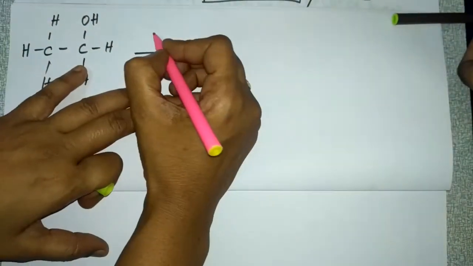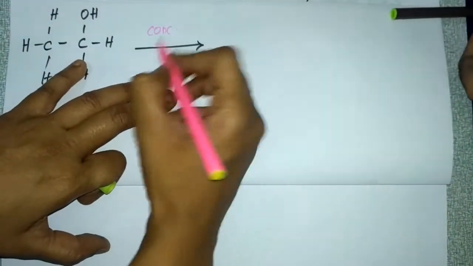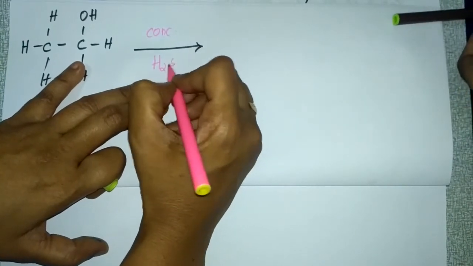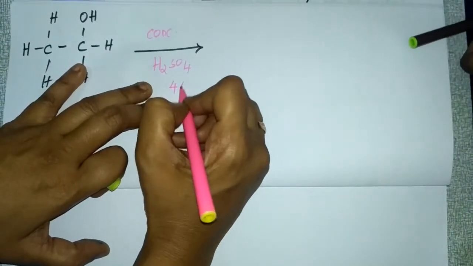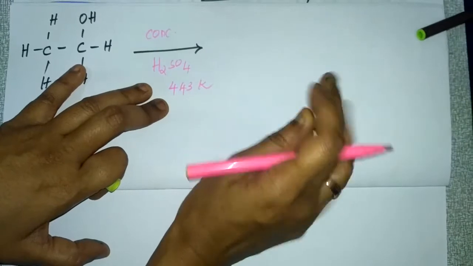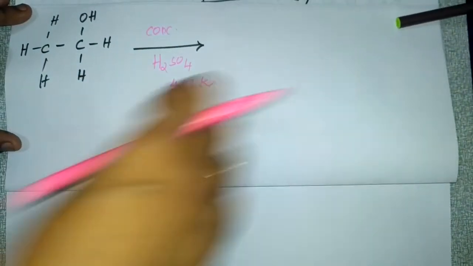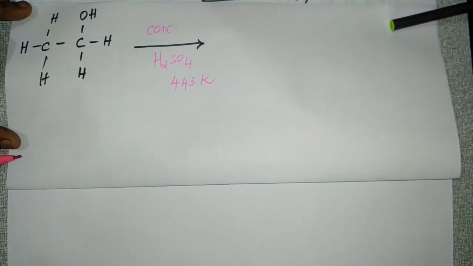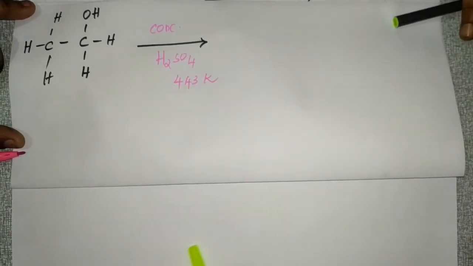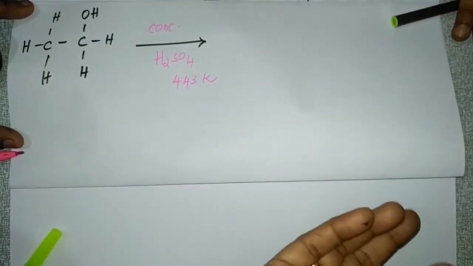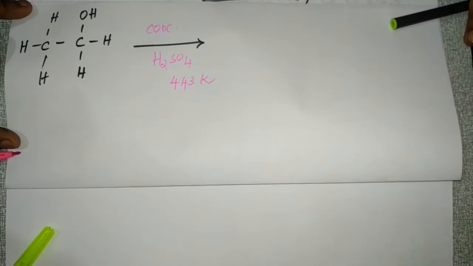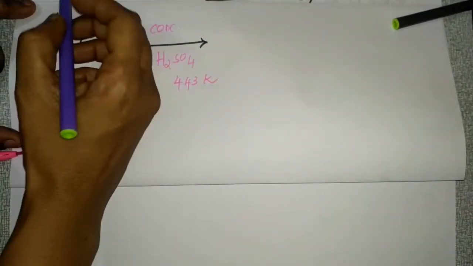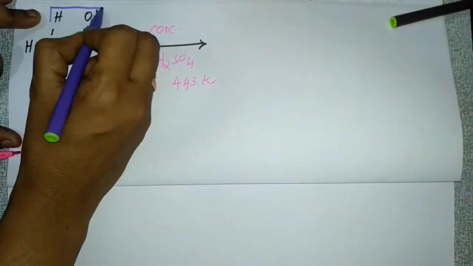To this ethanol we are going to add concentrated sulfuric acid, and the temperature should be 443 Kelvin. Here water will get removed from this ethanol. Concentrated sulfuric acid is a very good dehydrating agent which removes water from alcohol.